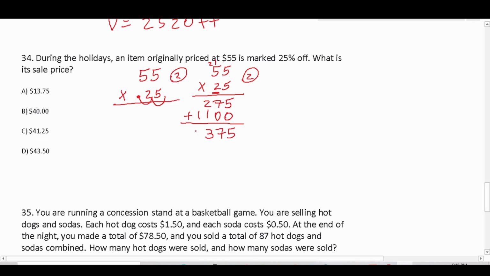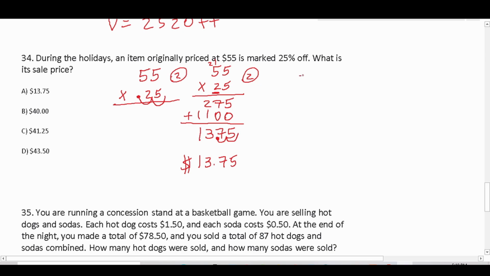And 1 plus nothing is just 1. Bring in our two decimals to the left. So in other words, 25% of 55 is 13.75.